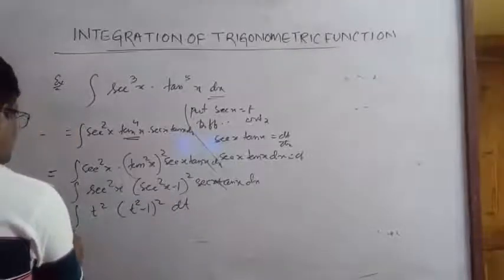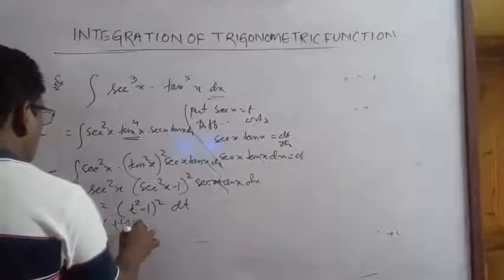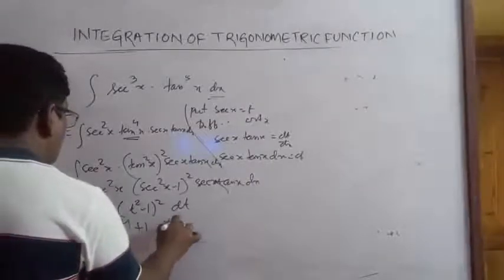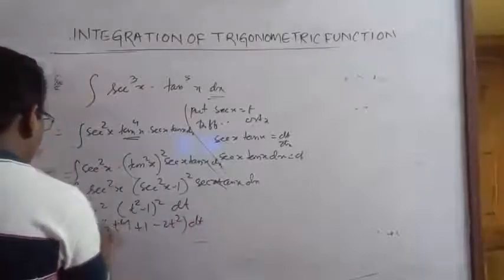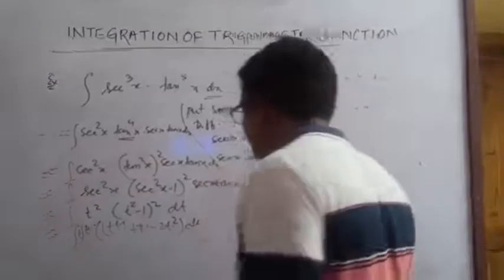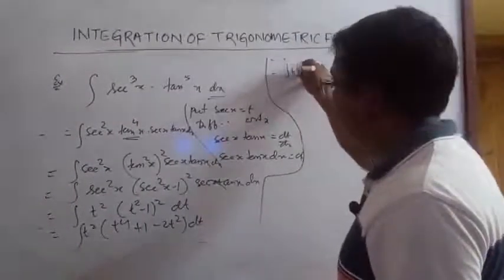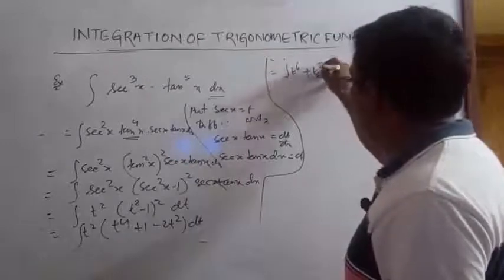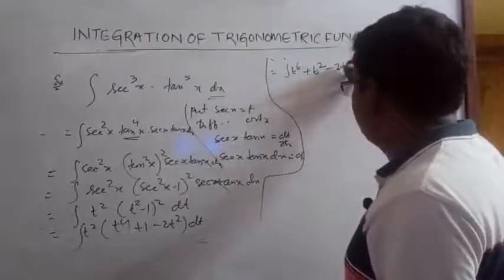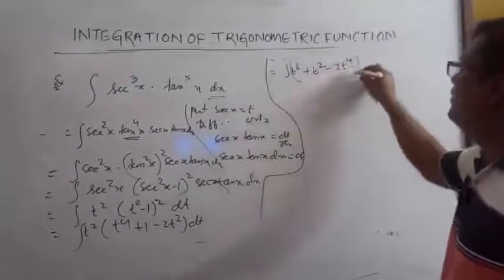Now expand this. This is equal to t square and t fourth plus 1 minus 2t square into dt. So multiplying, this is equal to integration t6 plus t square minus t4 minus 2t4 into dt.